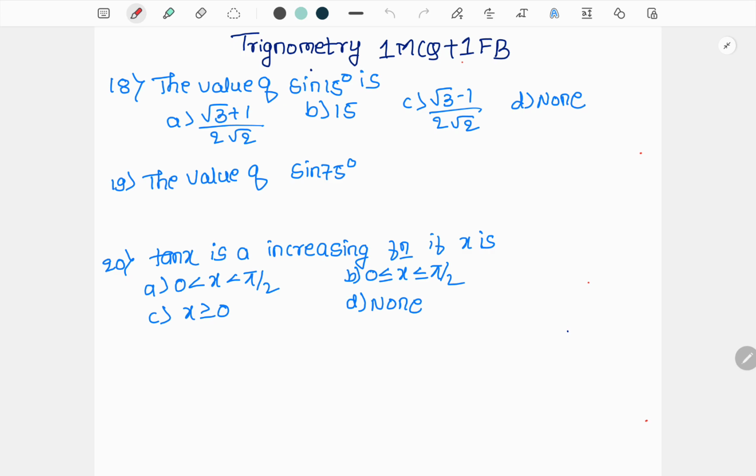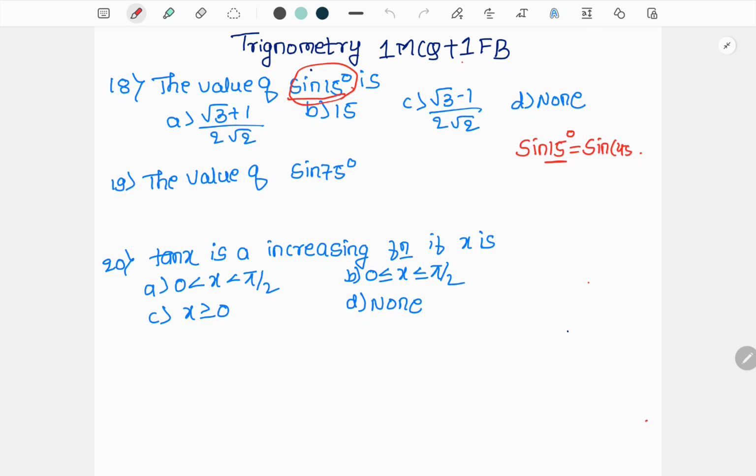So observe, what is the value of sine 15 degree they are asking. See, it is not a standard angle. Whenever it is not a standard angle, try to express it as a sum or difference of standard angles. So how can you express?